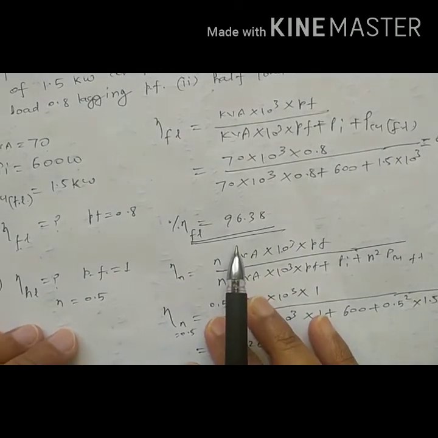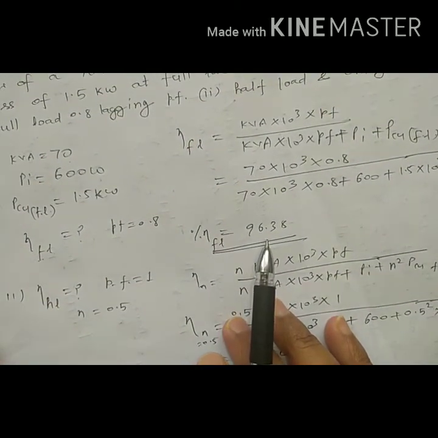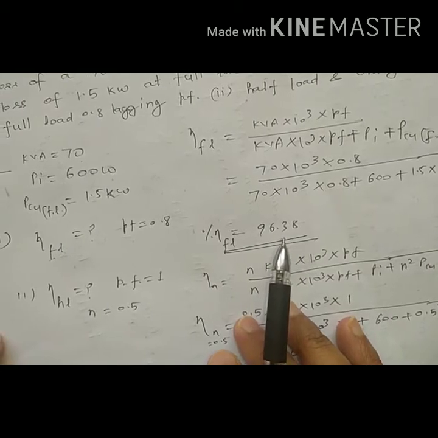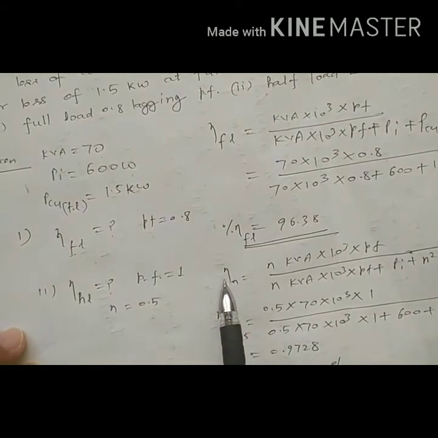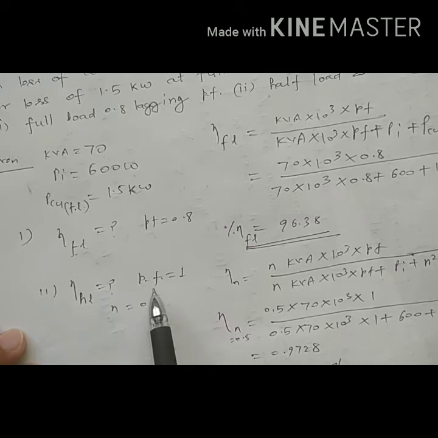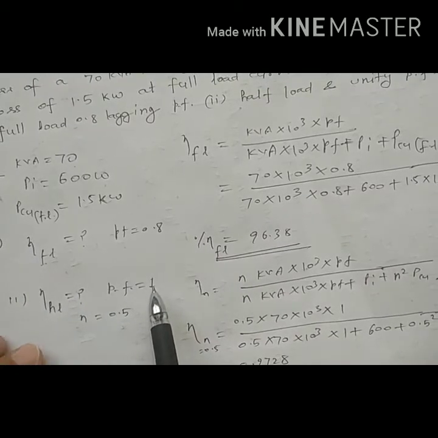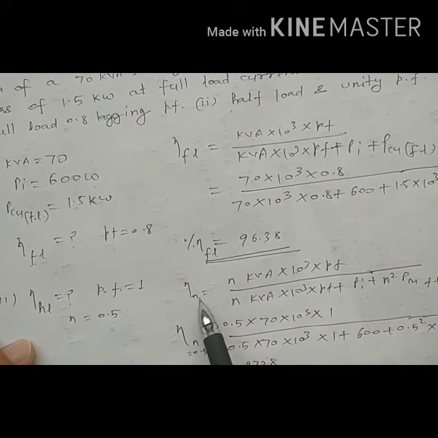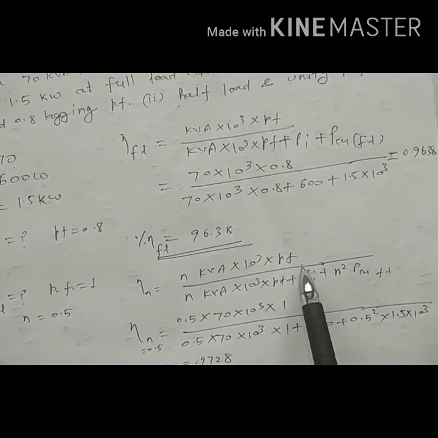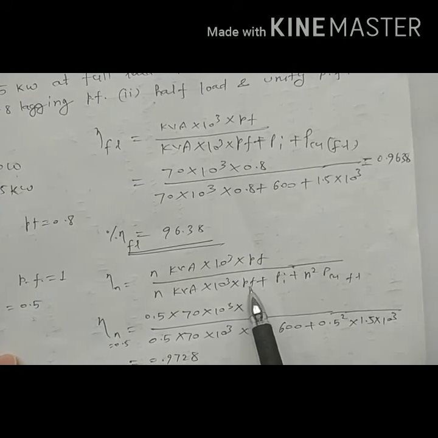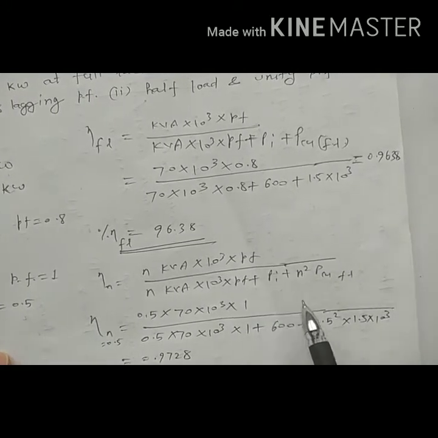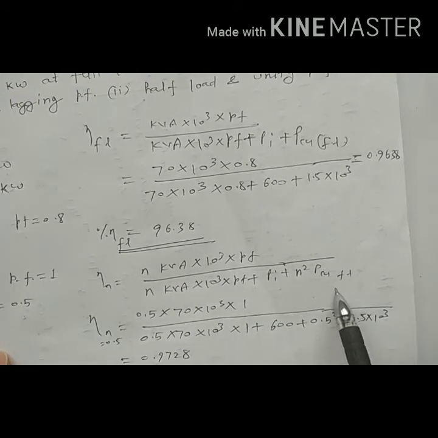Coming to second, efficiency is asked at half load, that is fractional load. So for half, N will be 0.5 and power factor is 1. So efficiency at any fractional load is N kVA 10 power 3 power factor divided by N kVA 10 power 3 power factor plus iron loss plus N square PCUFL.